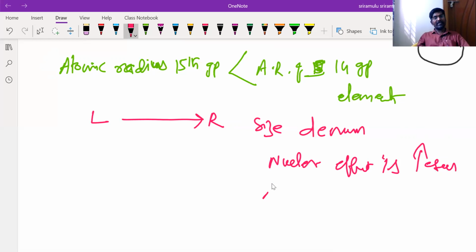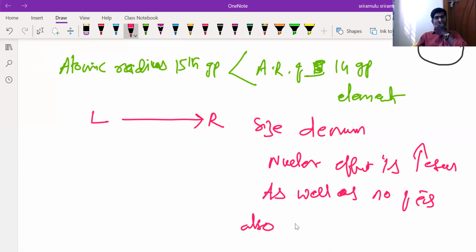You have to write one more statement: the number of electrons also added within the same group, or it may be the same cell.